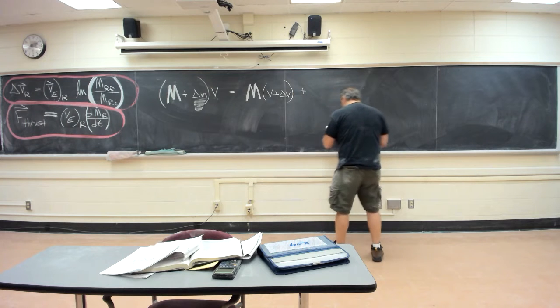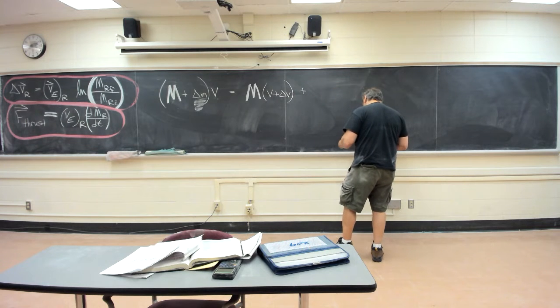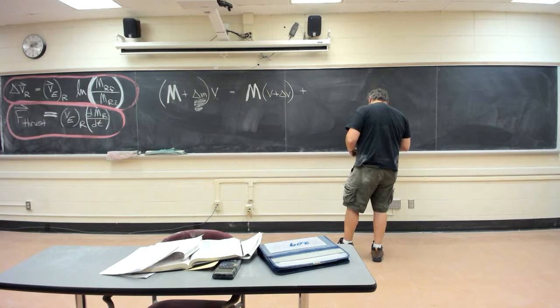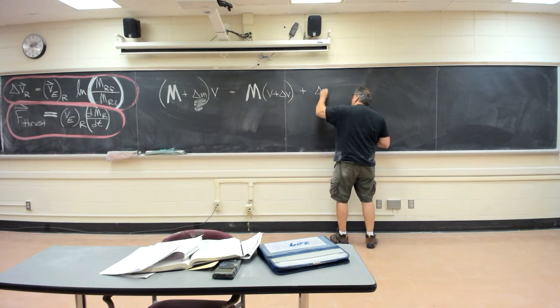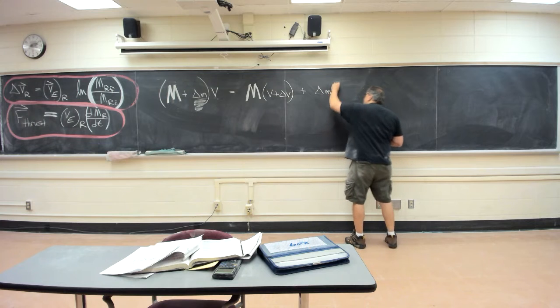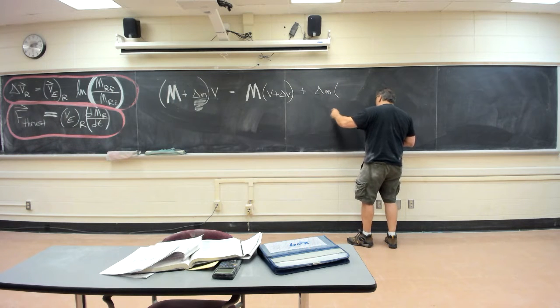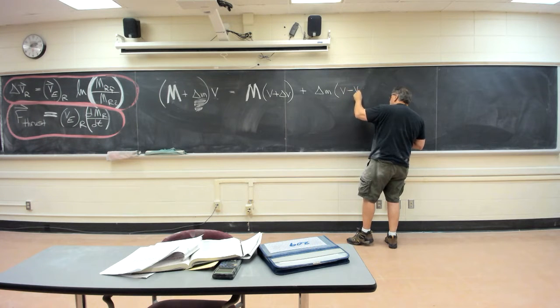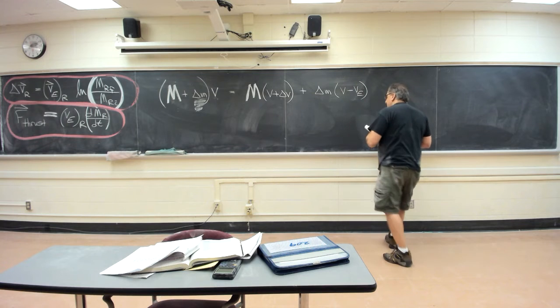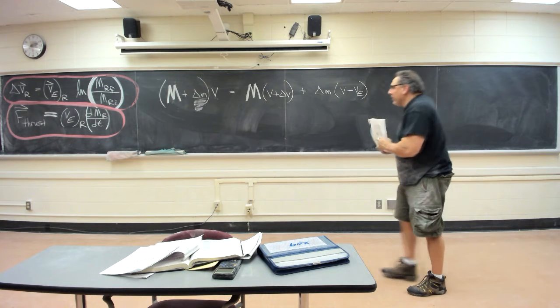The delta M went the other direction, actually. It got expelled in the different direction. The rocket's going V, but the exhaust is going negative VE. So this is kind of how it goes.